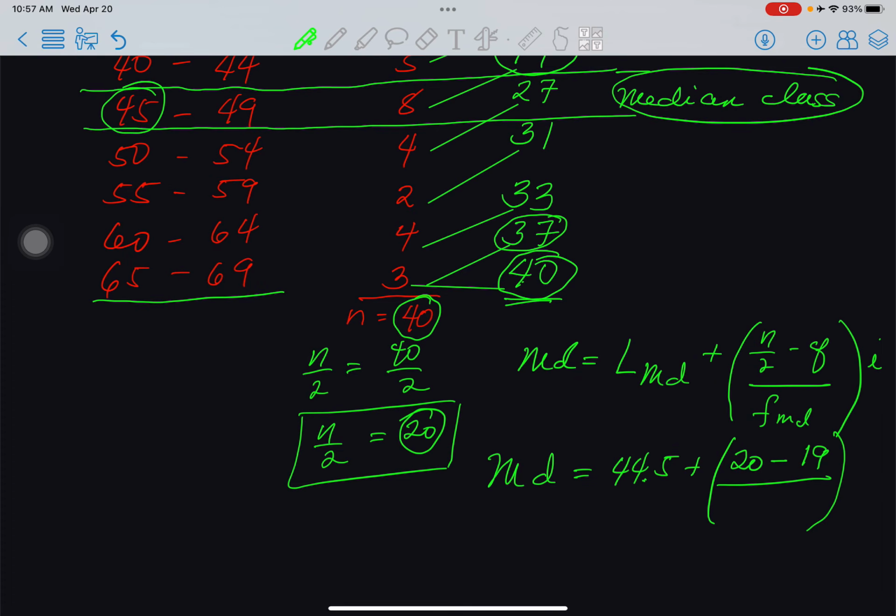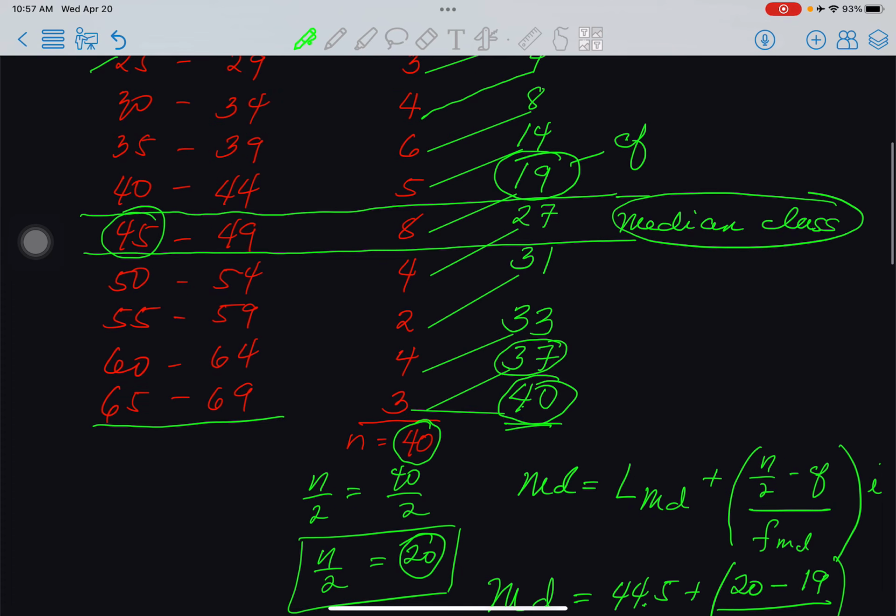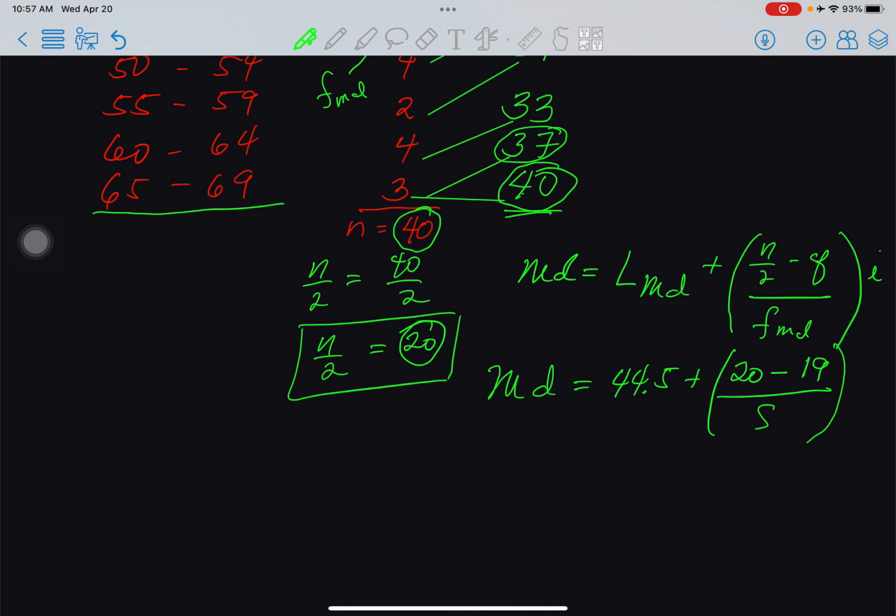Then all over the frequency of the median class, which is 8. So divided by 8, and our class interval is 5. So our median is equal to 44.5 plus 1 over 8 times 5.